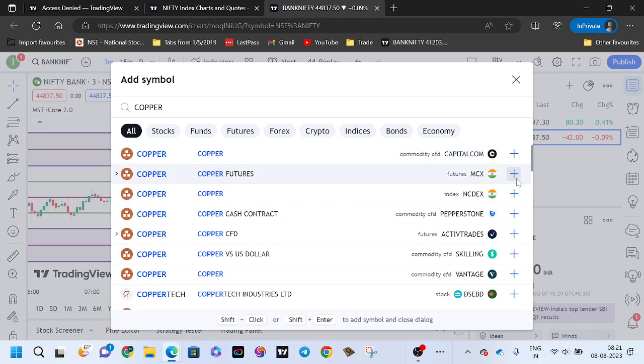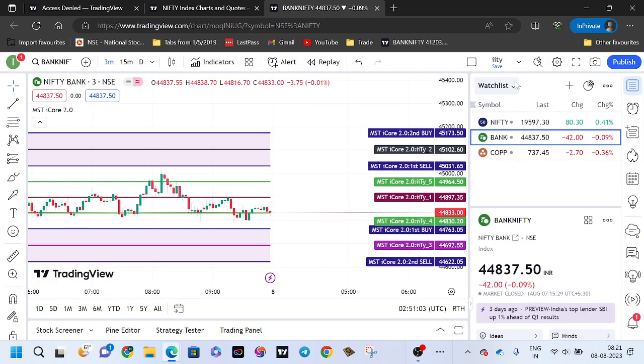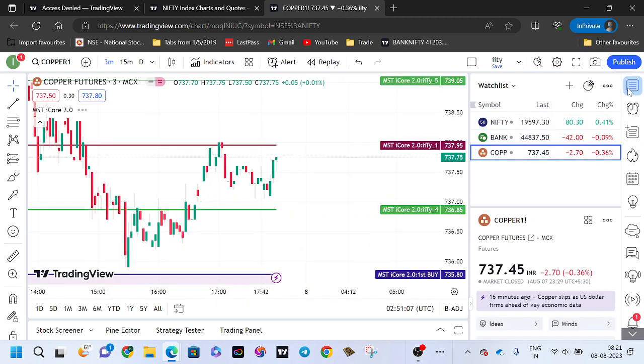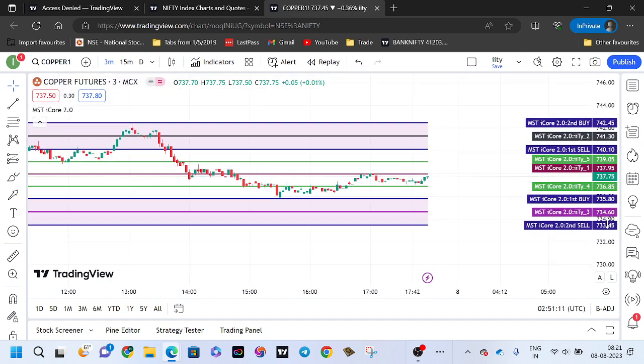It is for the people who have excess money, who have willpower, who can sustain in this market for a longer time.